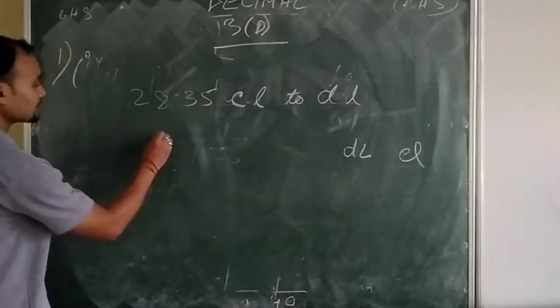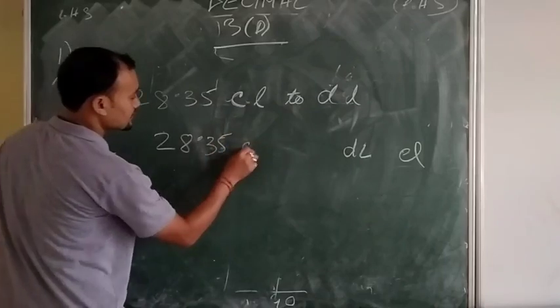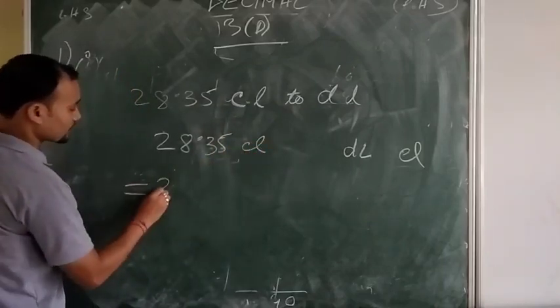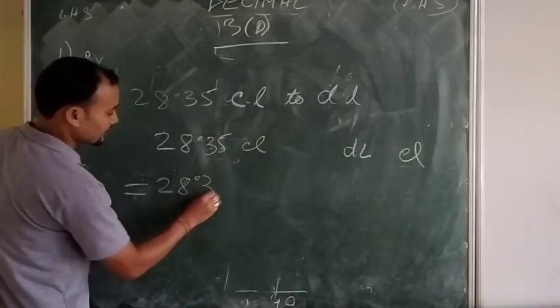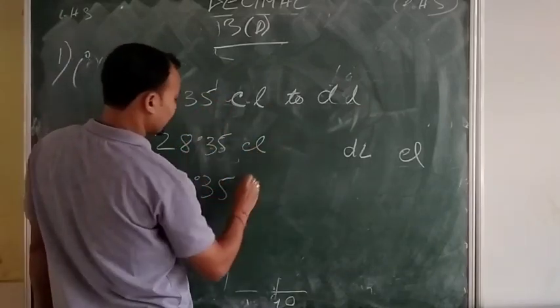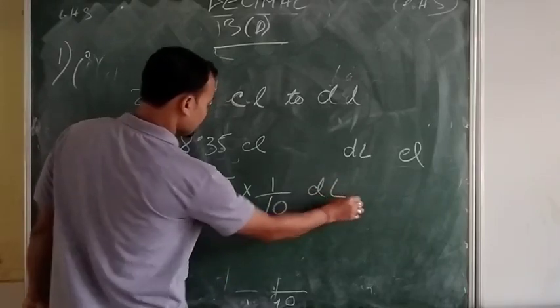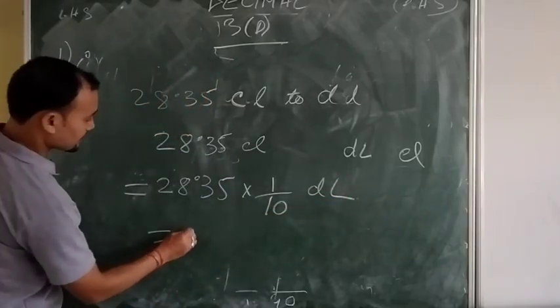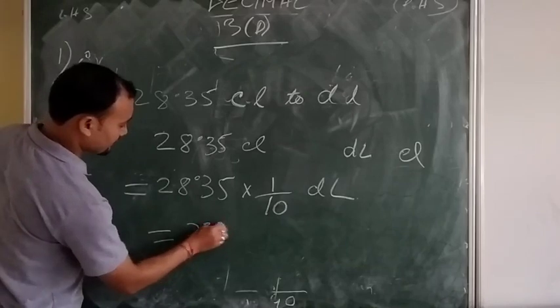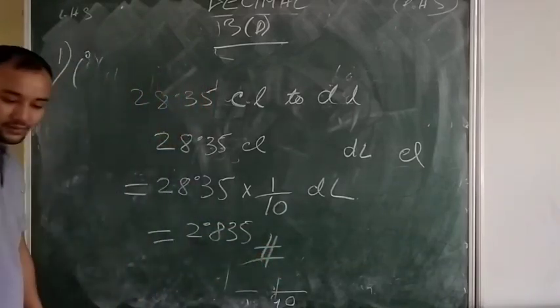That is 28.35 cl. You write this: 28.35 cl. In terms of cl, you put the dl. Dl means 1 by 10 times. You put that as the answer. Okay, it is 2.835. Great. Fine.